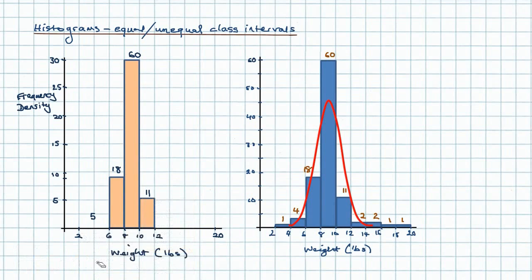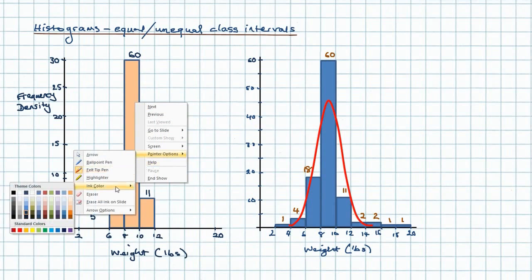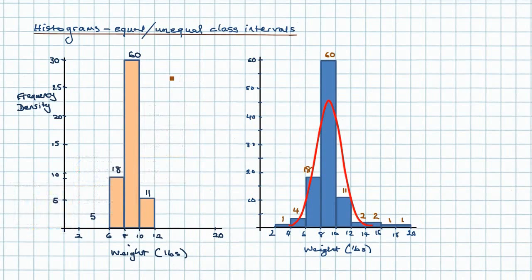Let's do it up here. So 4 times the height, so we don't know what the height is, so let's just call that h, is going to give us now our frequency of 5, which is the area of the rectangle.